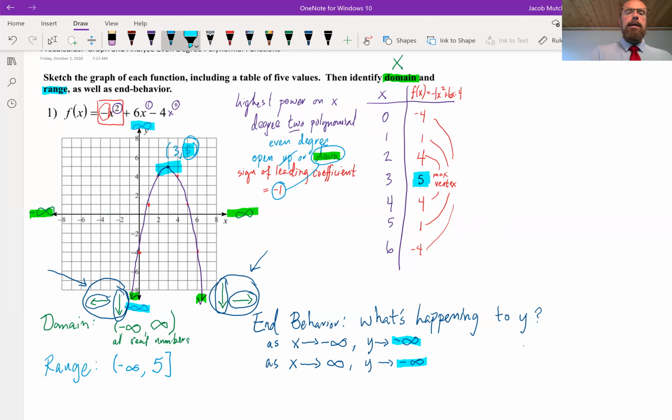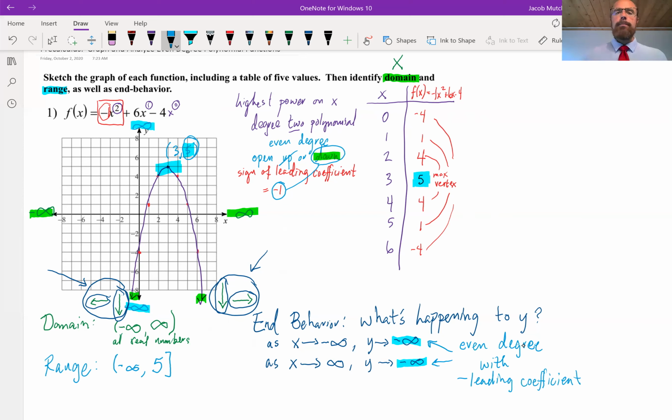So if you've made the initial case that it's an even degree function with a negative leading coefficient, what that should say is that these two end behavior statements should be the same, and moreover, they should both be negative.